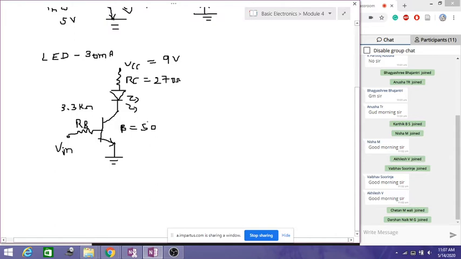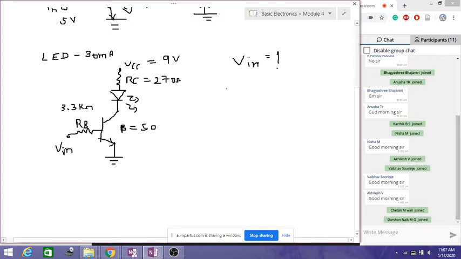Now we have to determine the amplitude of the square wave input voltage. What is the Vin in this case? We need the amplitude that is necessary to make sure that the transistor is saturated.